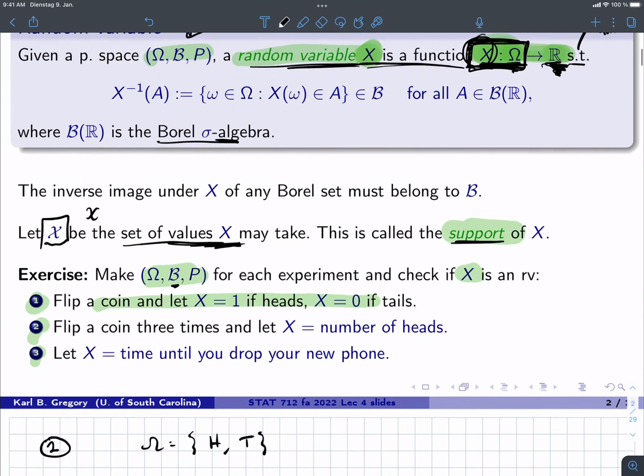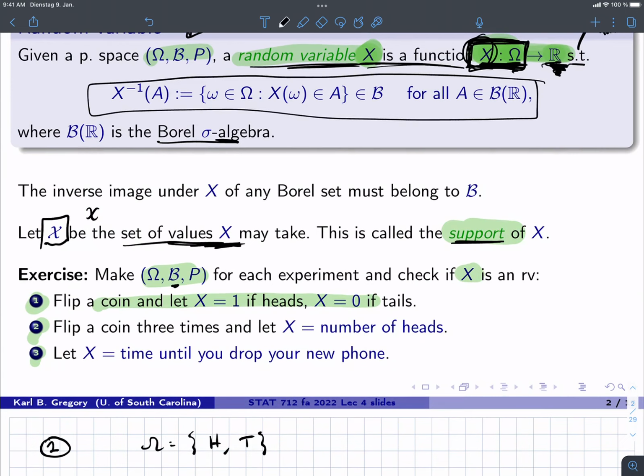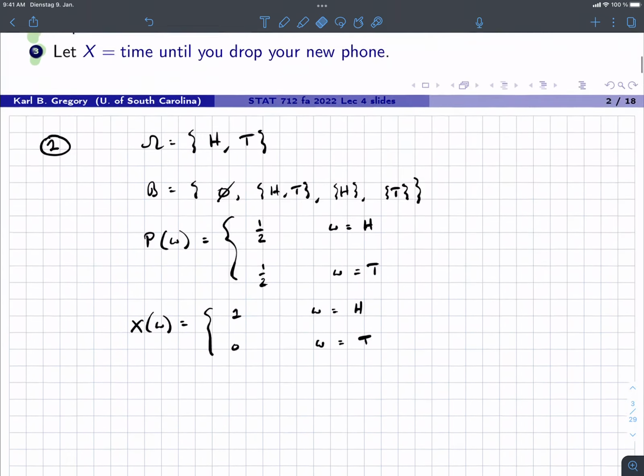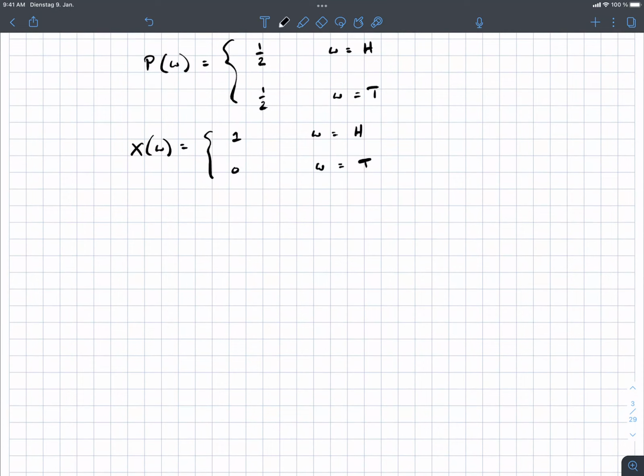Now, if we want to try to make sense of this kind of complicated looking condition, we might say, let's choose a set in the Borel sigma algebra on the real numbers. For example, let's just choose some interval, like the interval 1/2 up to 2.